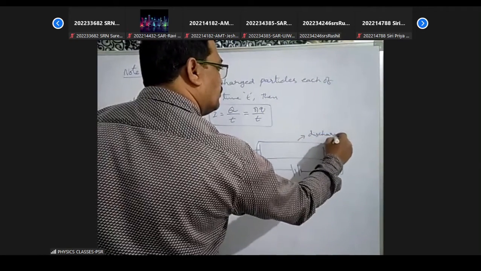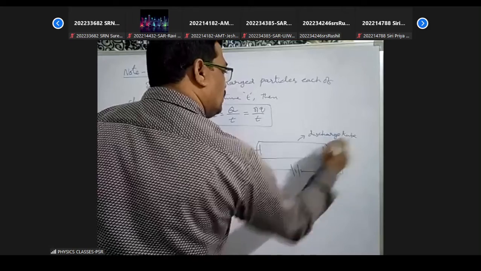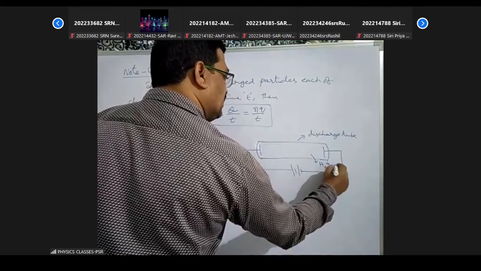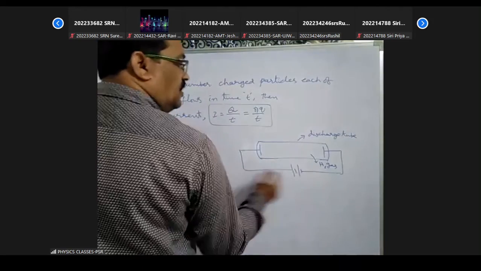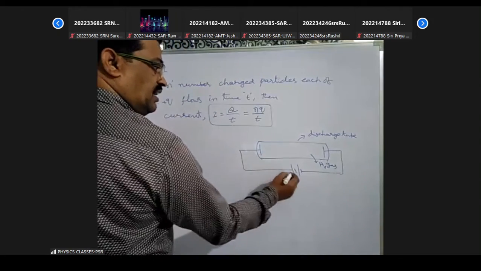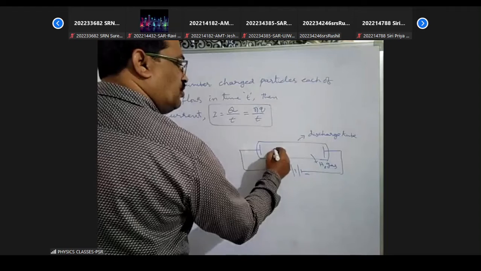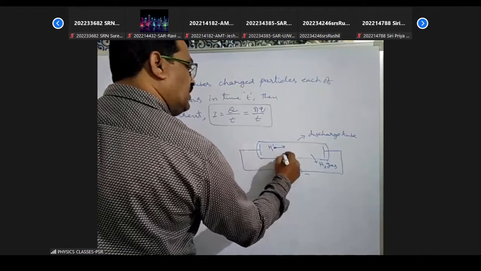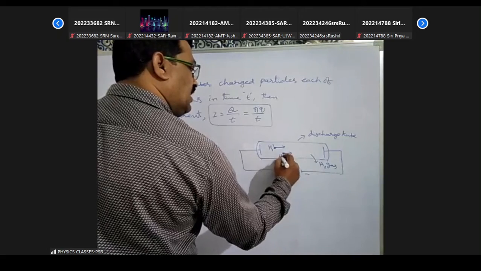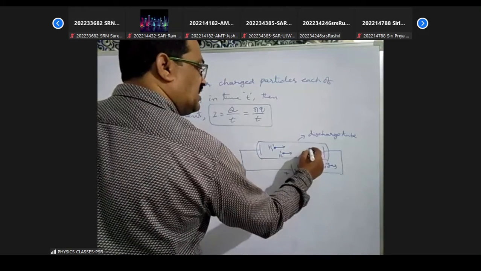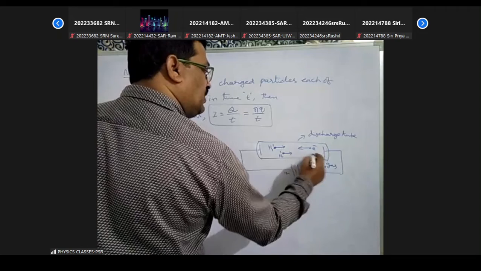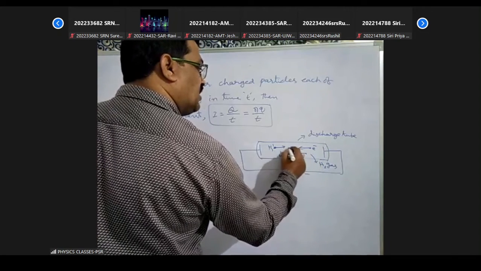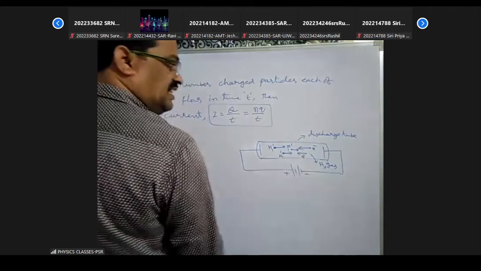If hydrogen gas H2 is taken, then this is the positive terminal and this is the negative. Protons are moving, H+, ionization takes place, and H+ moves in this direction, while electrons move in the opposite direction.